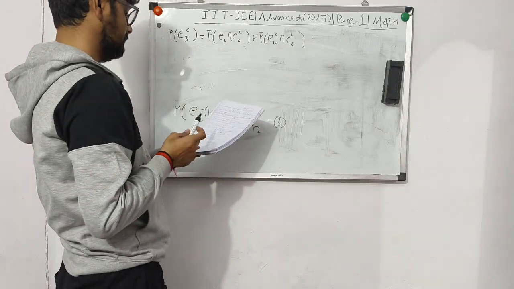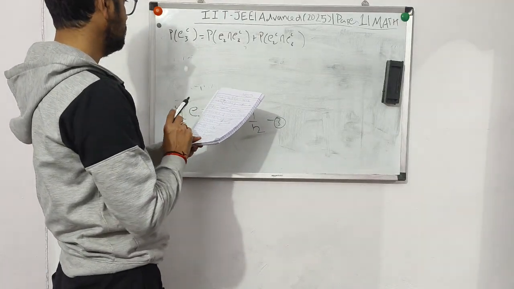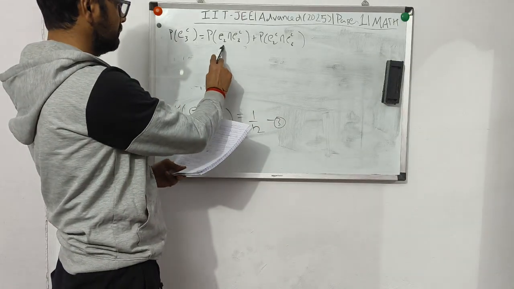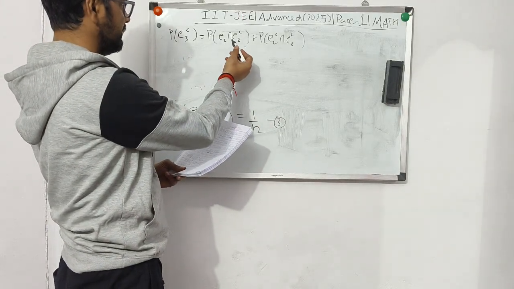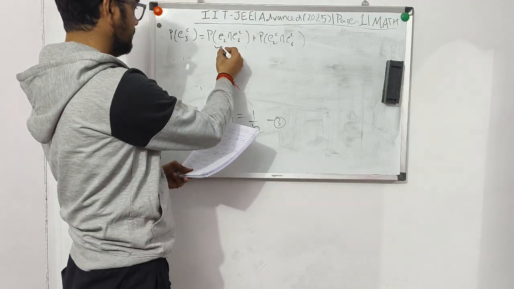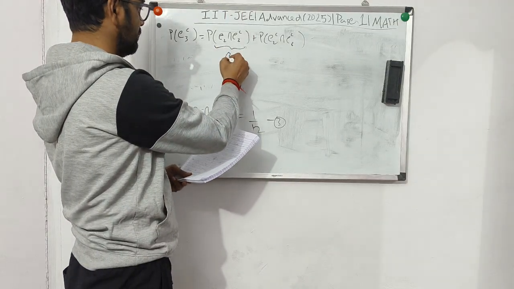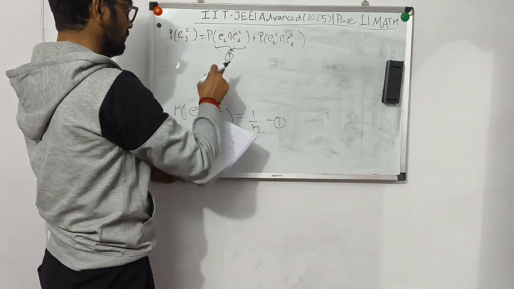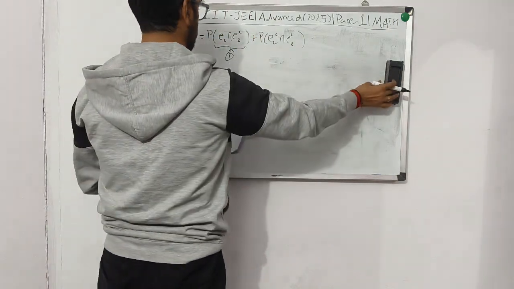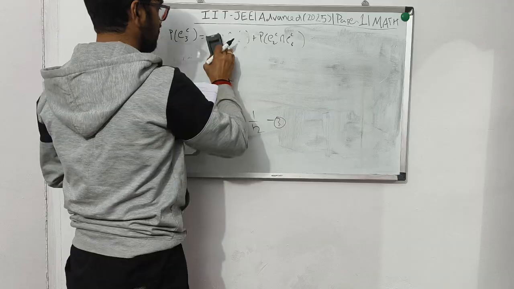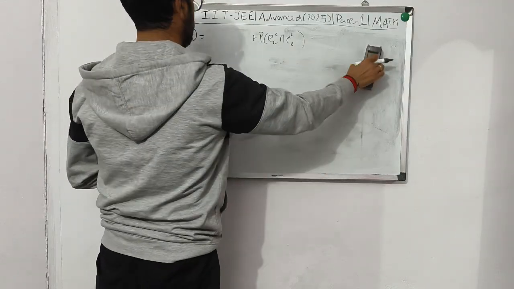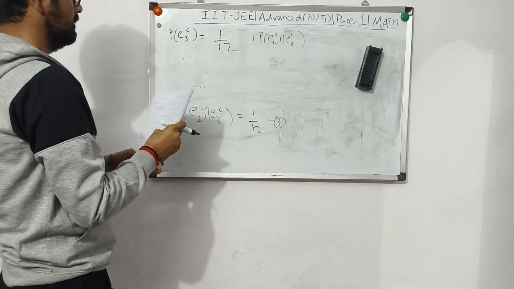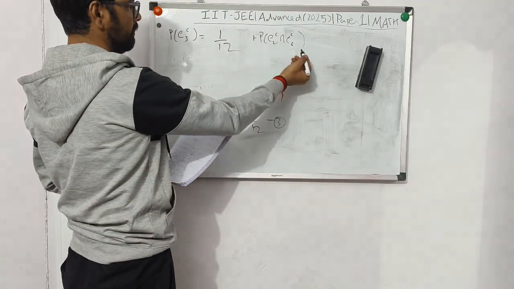So from equation 3 we substitute the value of E2 intersect E3 complement as 1/12, and this is simply A complement.